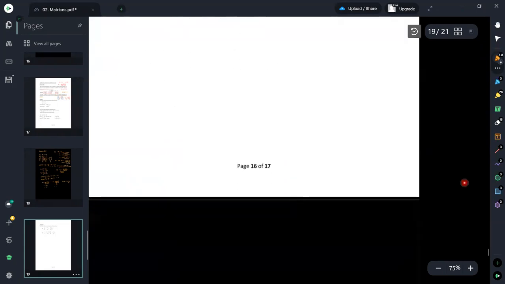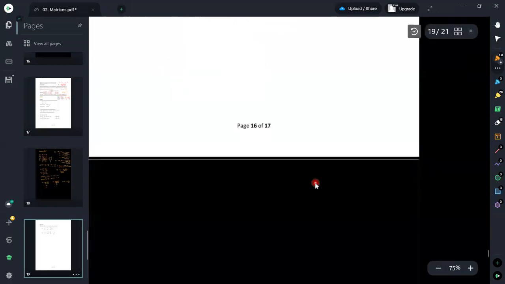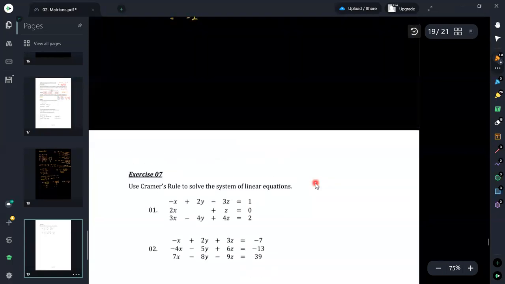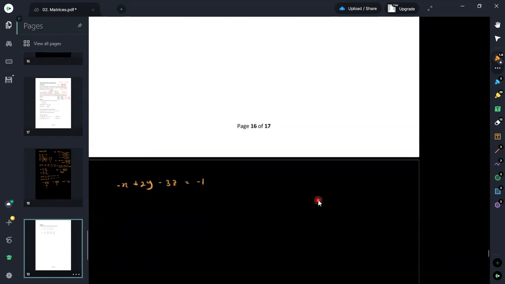If I write down the values here, it is for finding the solution of a three equation system. Therefore, if I write down the equations, it is given as minus x plus 2y minus 3z equals 1.